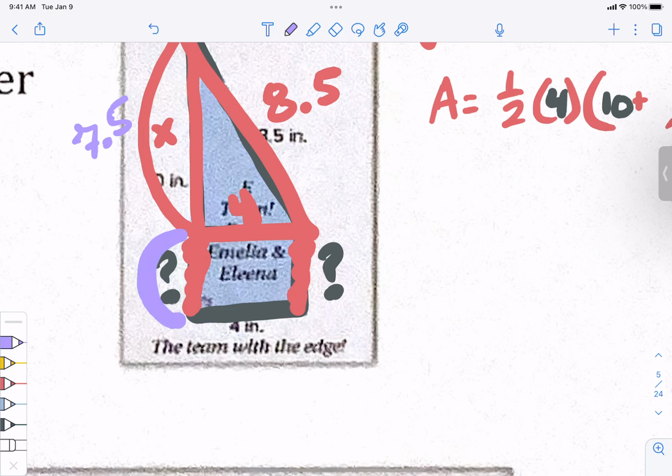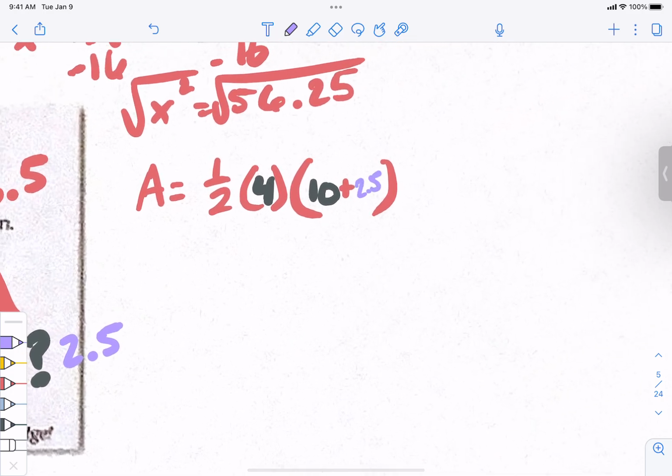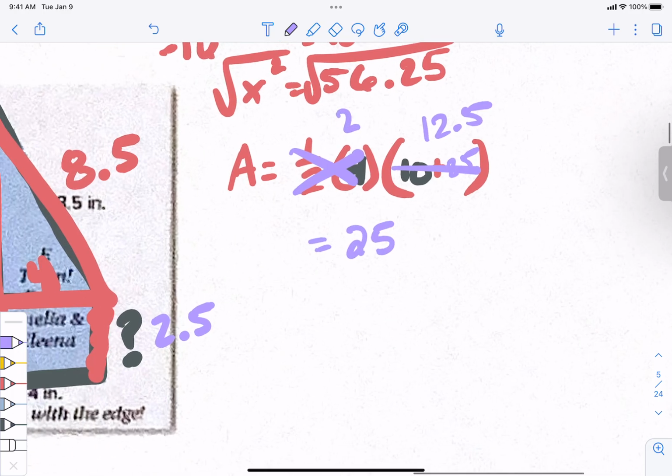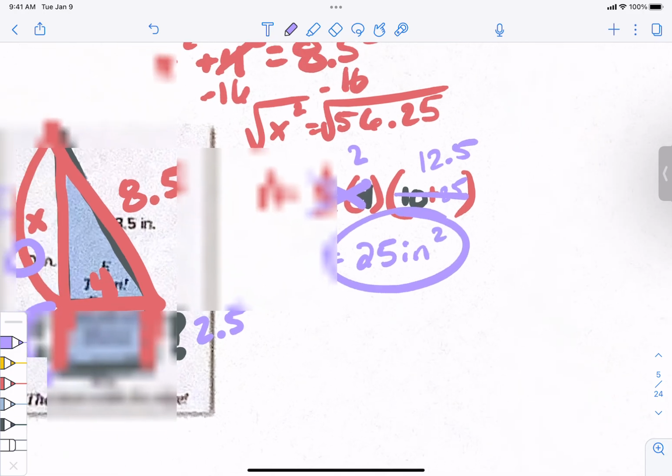This little piece right here, which is 2.5, because they all add up to 10. I kind of hid that. So this is 2.5, and that's the other base. What's 10 plus 2.5? 12.5. What's half of 4? 2. What's 2 times 12.5? 25, and that is in inches squared. Not too bad, right?